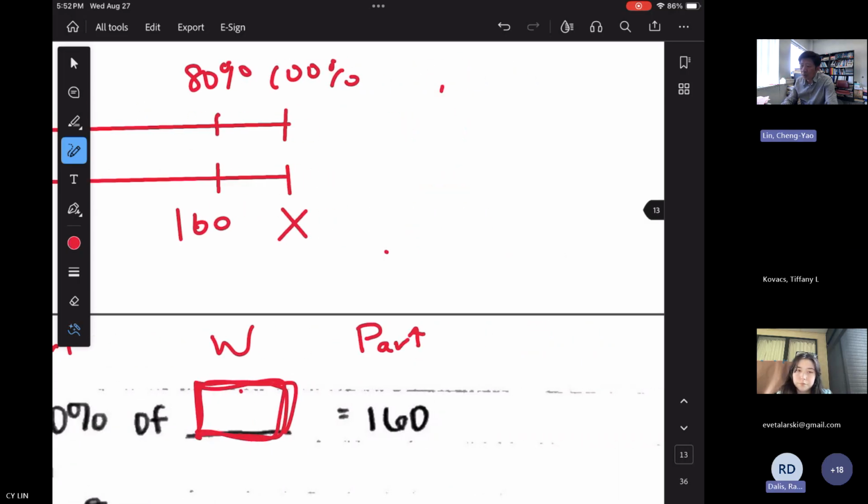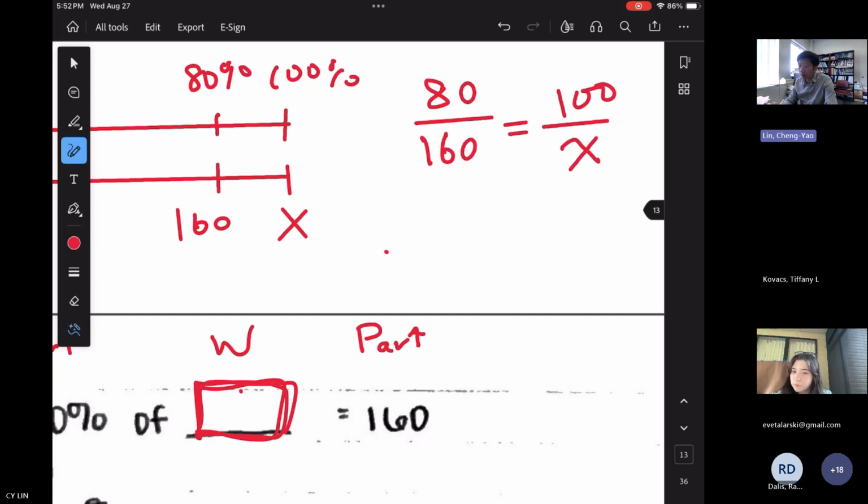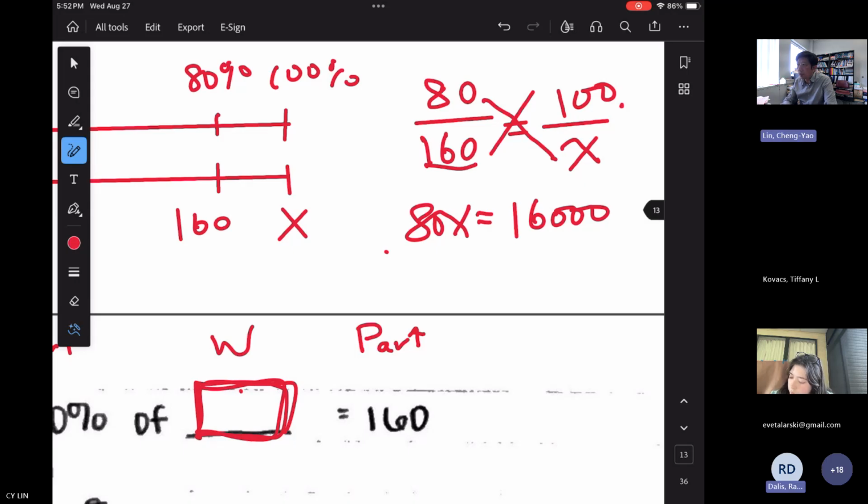So we can set up the equation like this: 80 over 160 is equal to 100 over x. Then we can cross multiply, and cross multiplying gives 80x equals 16,000, because this one times this one. Can we divide by 80 to find our answer?